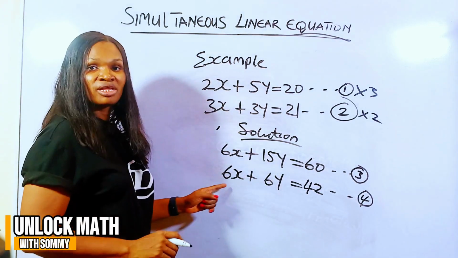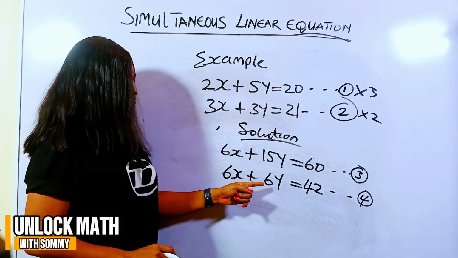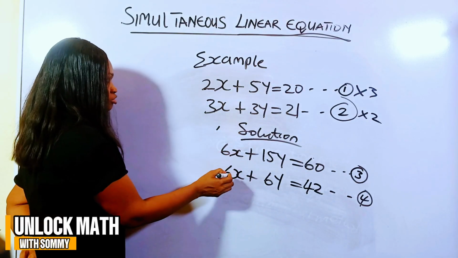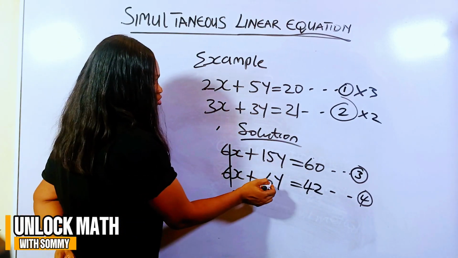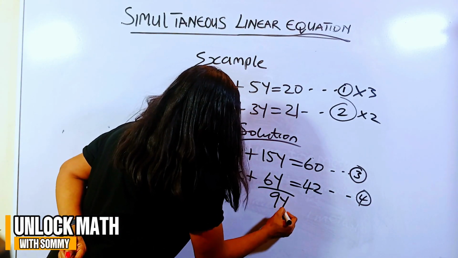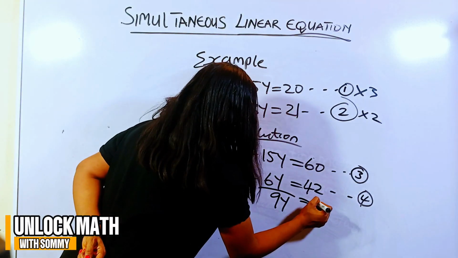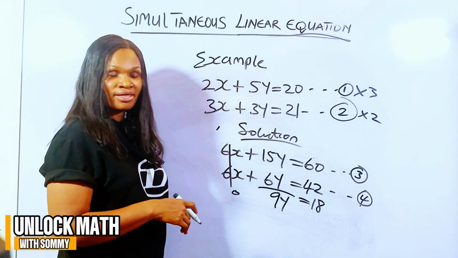So, for us to eliminate, we subtract equation 4 from equation 3. When 6s subtracts itself, it cancels, that is equal to 0. When 15y subtract 6y, we have 9y, which is equal to, when 60 subtract 42, we have 18. For us to get the value of our y, we divide both sides by 9.